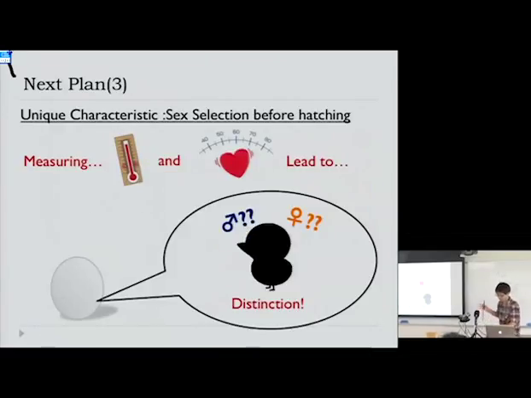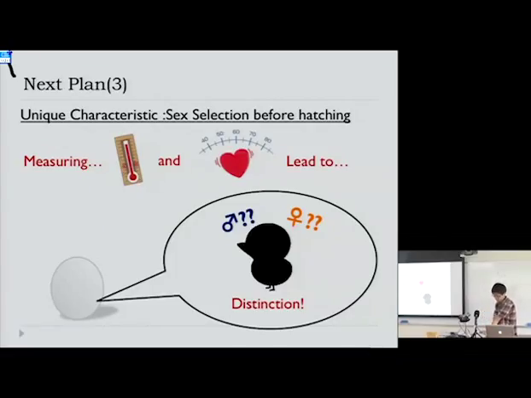And if there is some characteristic in heart rate and eggshell temperature between genders, it leads to a new method to distinguish male and female.